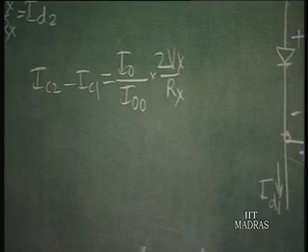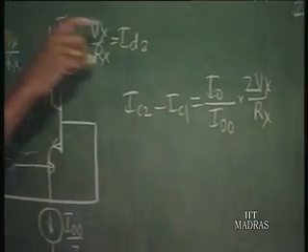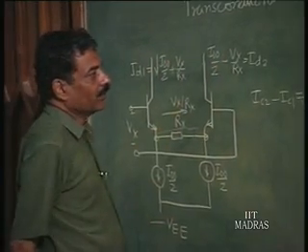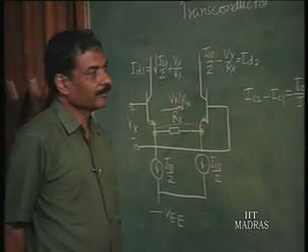This is delta I by 2, this is minus delta I by 2. So, delta I is twice Vx by Rx.